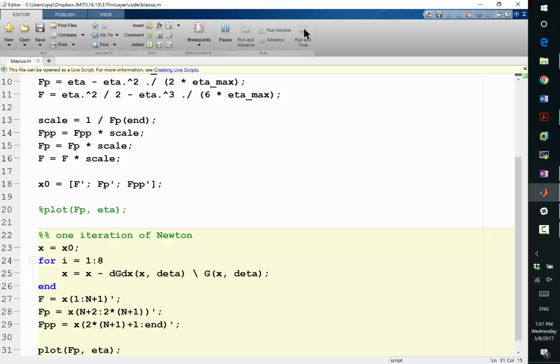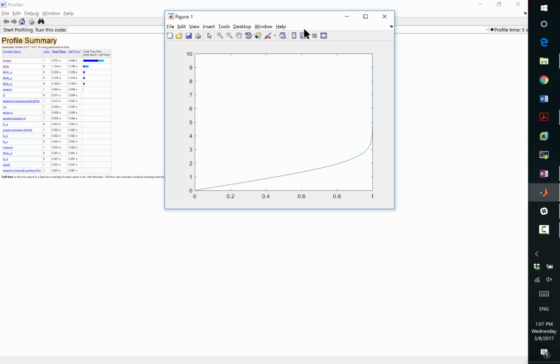Okay, so we started all of this by writing down the equation that governs the streamline function in the thin layer approximation.